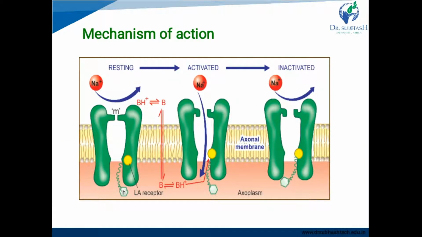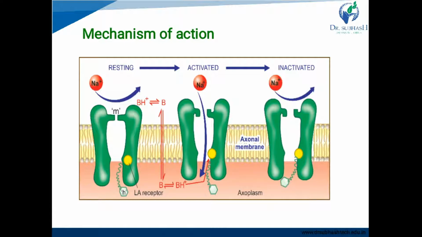Next is mechanism of action of local anesthetic agent, right? Now, in this figure, you can see three sub figures, right? In that, first figure is of resting position, second figure is of activated position, and third figure is of inactivated position. Here you can see sodium channel in these three figures.